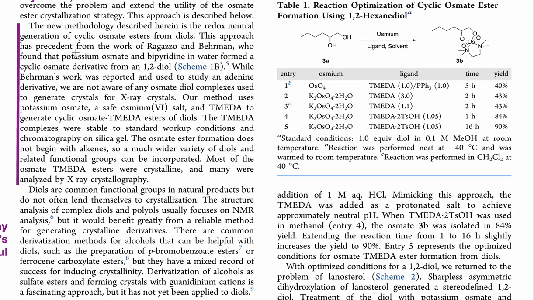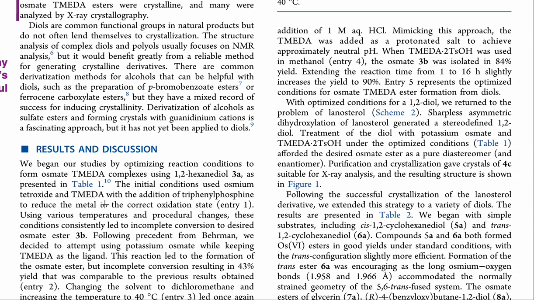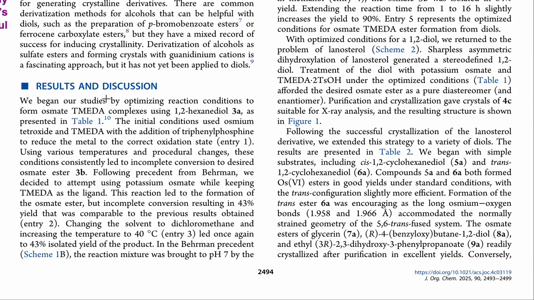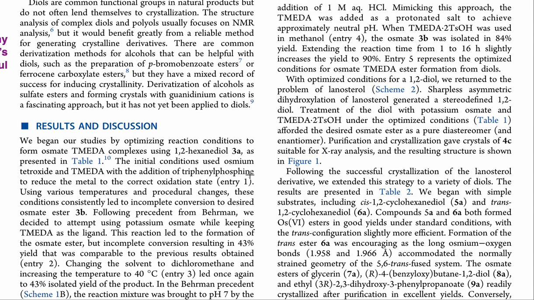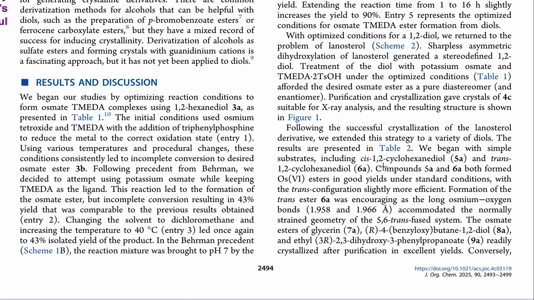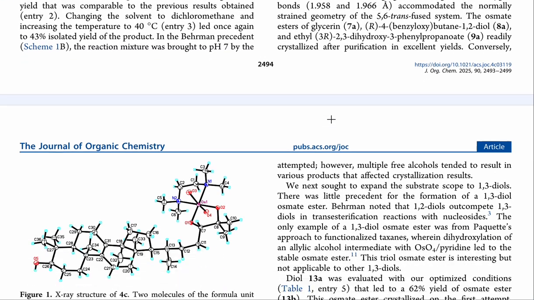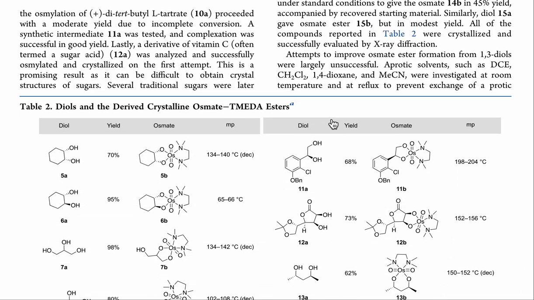And so they talk a little bit more about what specifically they did, why it's useful, and then they talk about the results a little bit more specifically, things that they tried, problems that they ran into. Let's see.